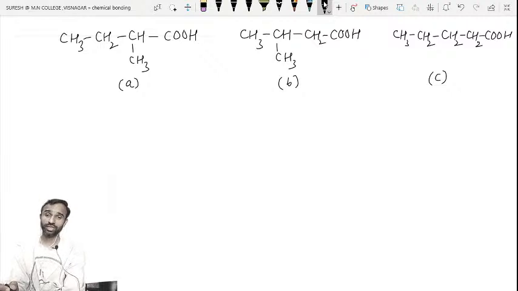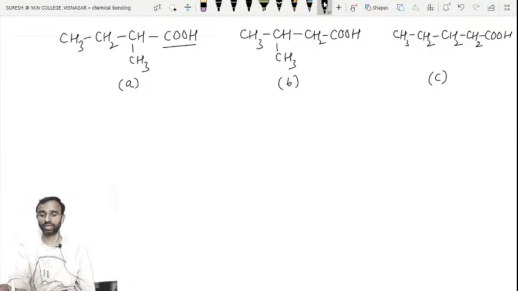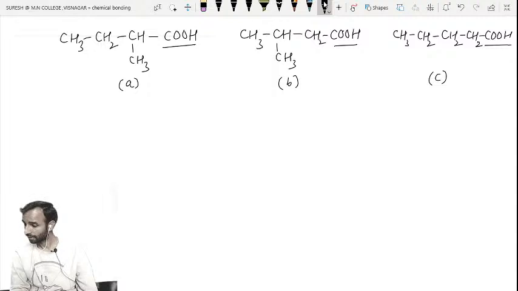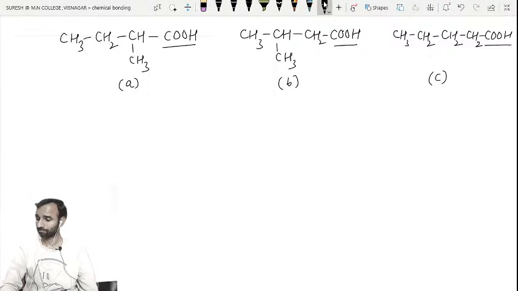In last case, A is more acidic than B, B is more acidic than C, because electron releasing effect increases. Now in this case, all have 5 carbons, and except COOH there are 4 carbons. So which one is more electron releasing? Again A, B, C. In this case, what is the order?